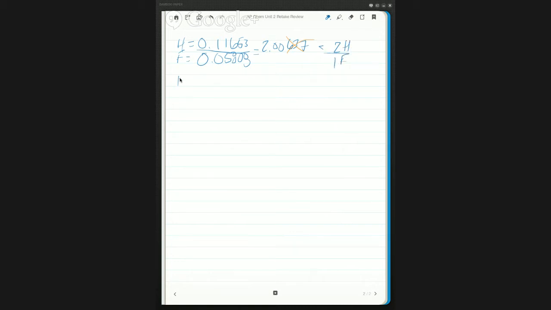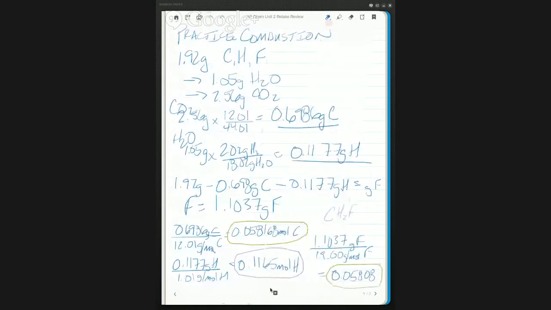And then if we do fluorine over, fluorine was the smallest, my mistake. We do carbon over fluorine. If you remember, that's 0.05808. And carbon was, of course, I can't remember this one, 0.058168.